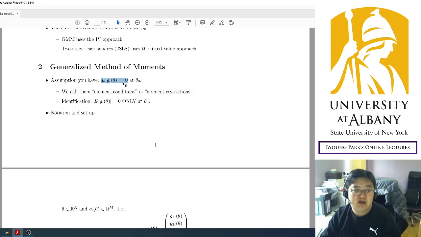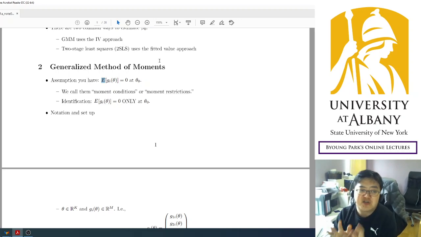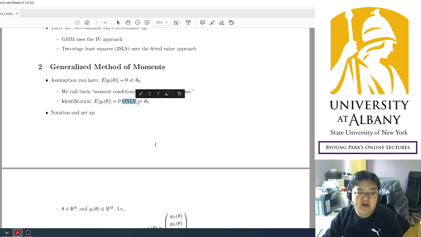This is the key equation for estimation, and we call it the moment conditions or moment restrictions. Remember, moment is just another name for expectation. So the generalized method of moments is based on the expectation of something equaling 0 at the true parameter. Of course, you have to have that theta 0 is the unique solution.